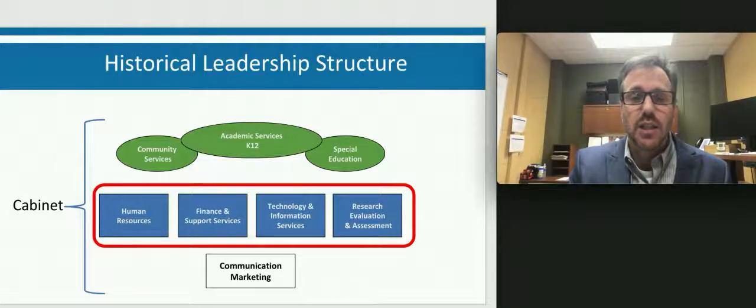As we've shifted our leadership structure to the three-component framework, the departments that support the learning process, human resources, finance and support services, technology and information services, and research evaluation and assessment, are now grouped into the resource management component.